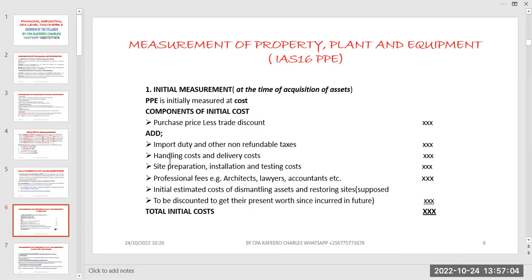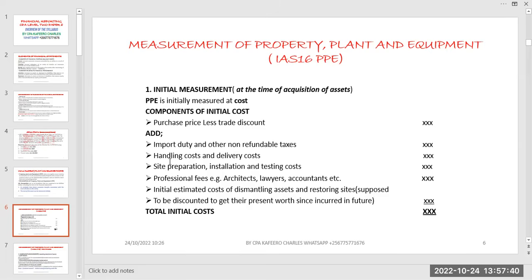I've highlighted some of them, but there are very many items that are associated with the asset. But what you have to understand is that if that cost is not incurred, the asset will not operate. That cost is supposed to be essential, or a relevant cash flow, which is supposed to be added back. That's basically how we can differentiate them.